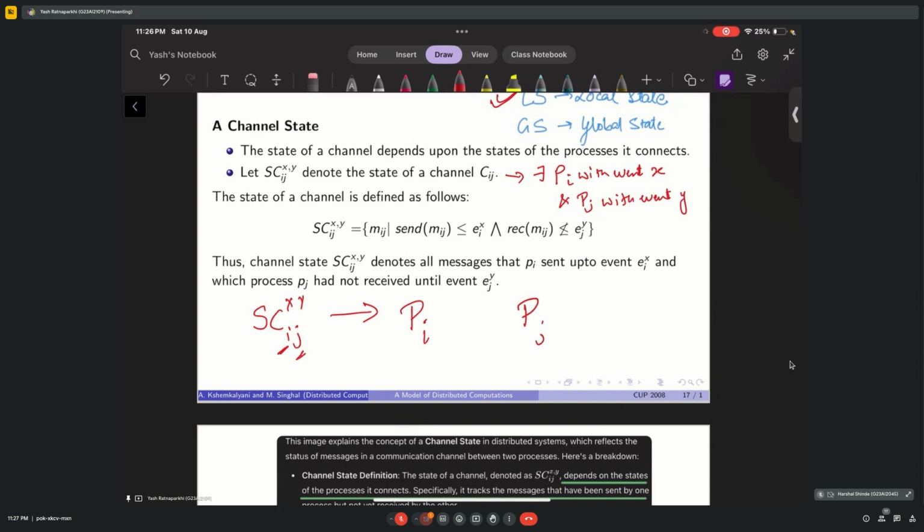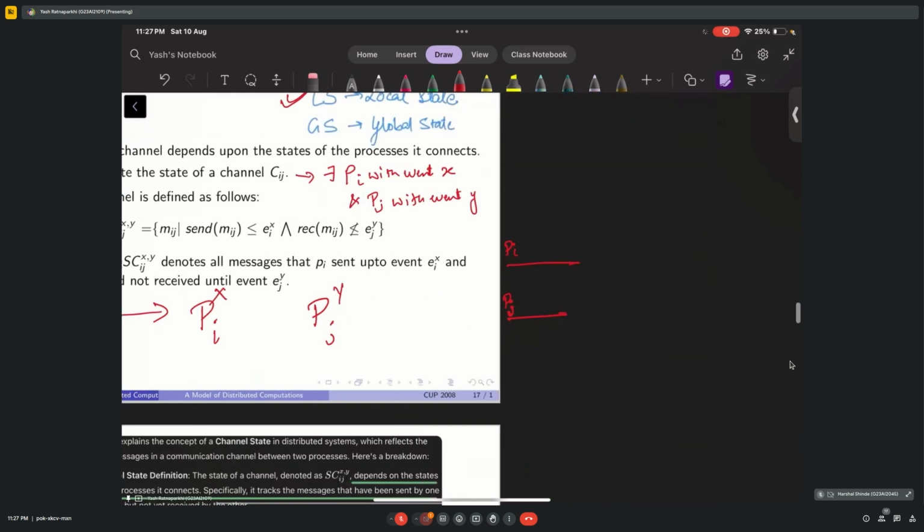i, j. How will you visualize this? This is i and this is j. This is process i, this is process j. Understood? And this x will be for the first process and y for the second. x, y is the event number. This is event x and this is event y. Do you understand this?